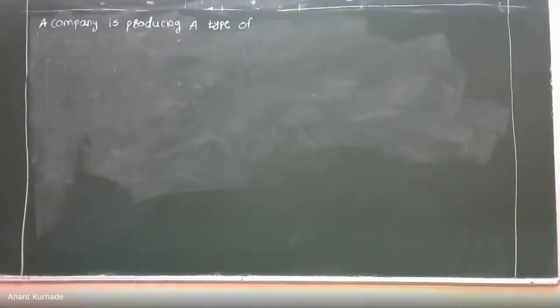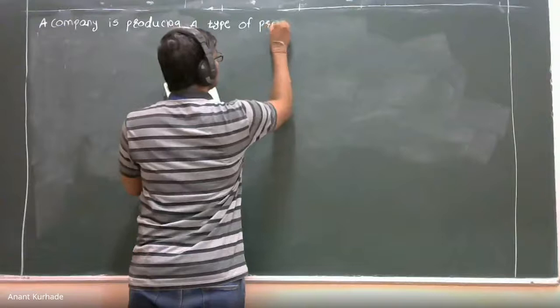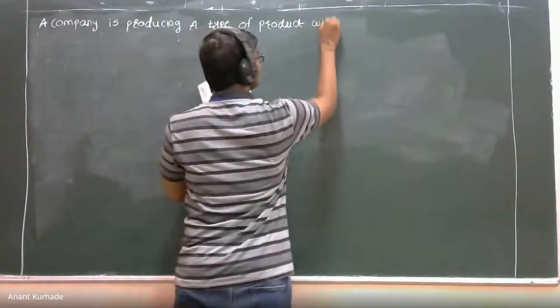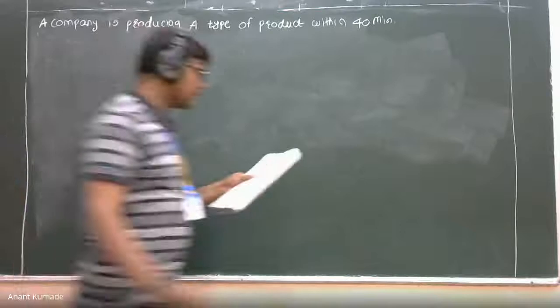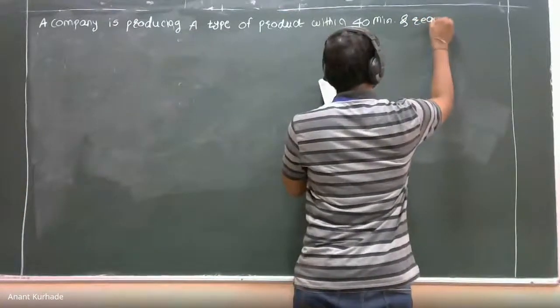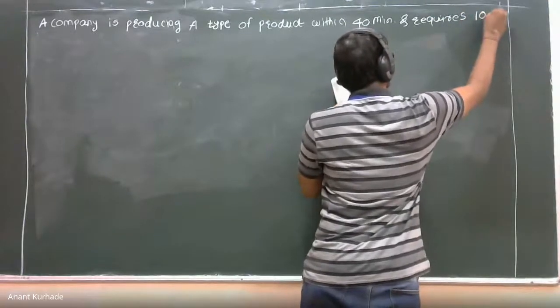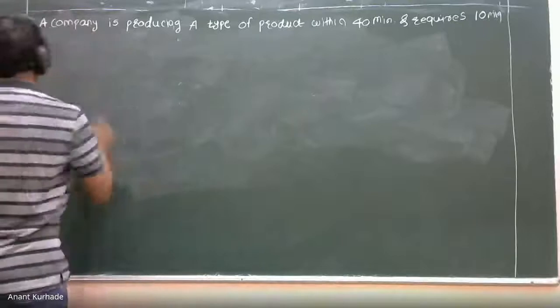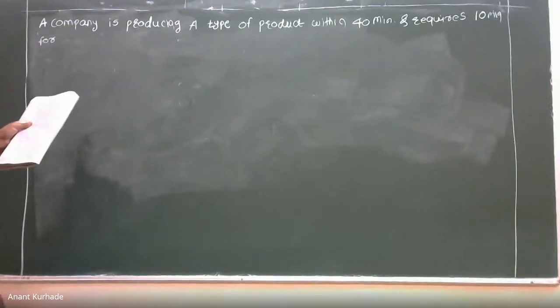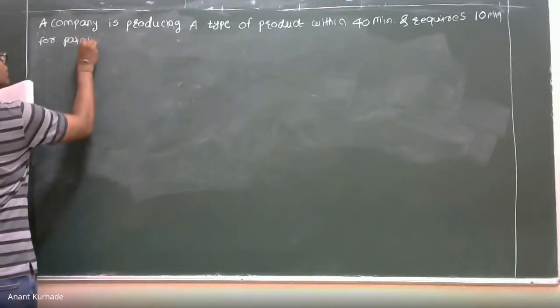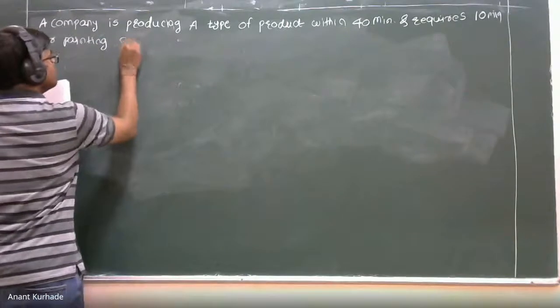The company is producing a type of product within 40 minutes, and requires 10 minutes for painting.